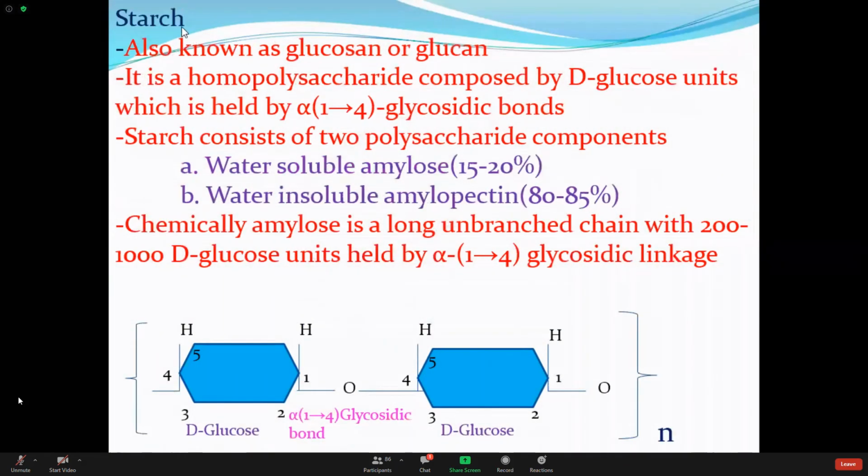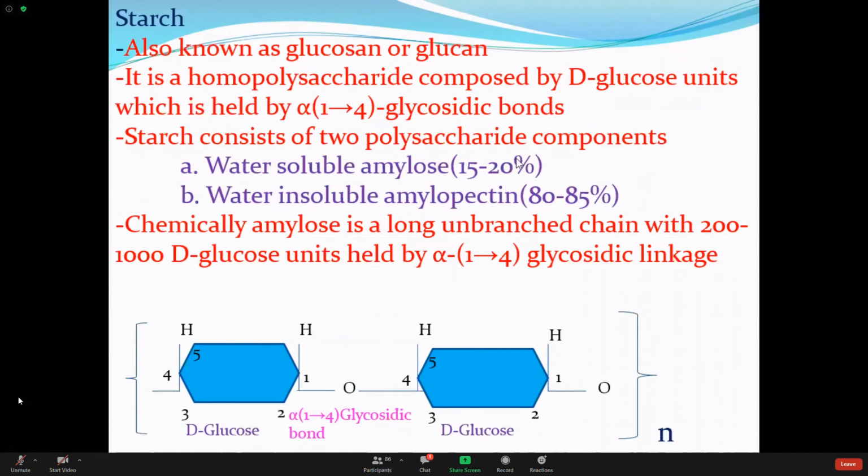Now come to one example of polysaccharide: starch. You may have heard about starch in biology. What is the meaning of starch? It is nothing but a homopolysaccharide. It is also called glucan or glucosan.